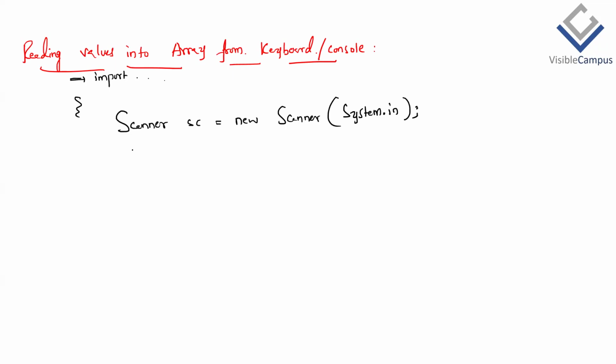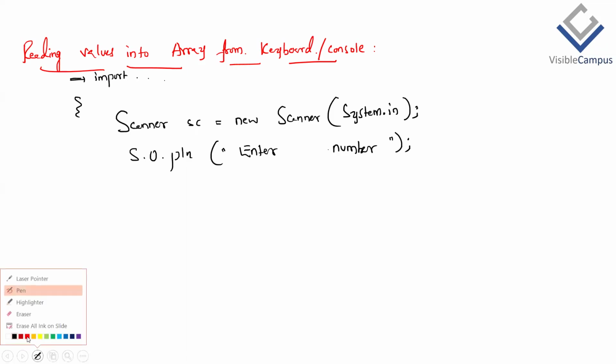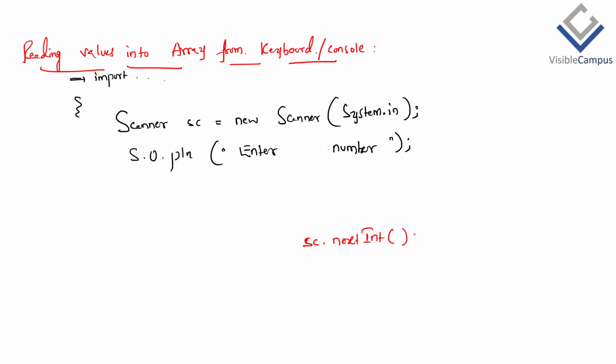Then we'll enter a meaningful message, System.out.println("Enter a number"), so that we get a proper prompt on the console. Correct? Then what's the method that we'll use to read an integer from the Scanner class? sc.nextInt(): next in lowercase letters, Int with a capital I, which does not take any inputs.